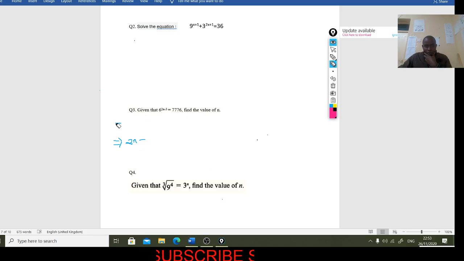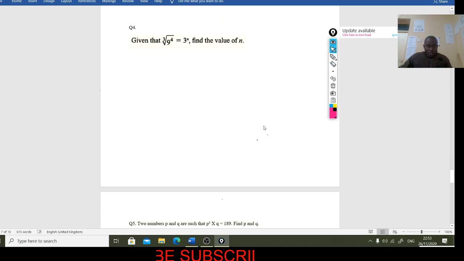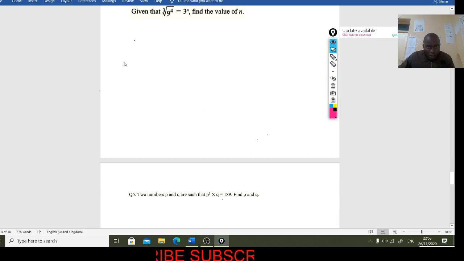The value of n I need to find in this question number 4. Given this, find the value of n. Now what do you do? Remember, I have talked about this law.